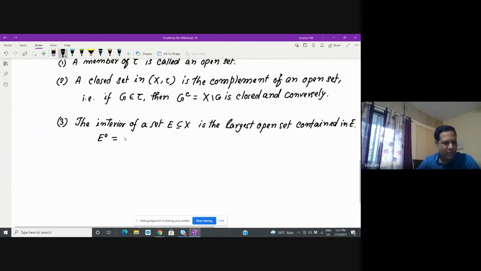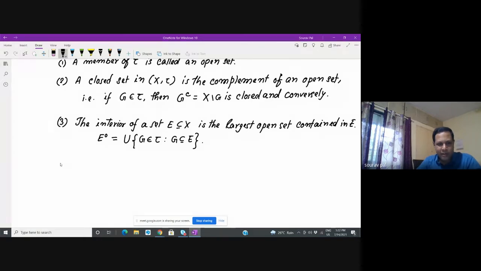This is equal to the union of all G belongs to tau, G is contained in E. So this is what is called the interior of a set, the largest open set contained in E, which is the union of all open sets contained in E. We shall define what is an interior point later, and we shall see that this interior is nothing but the collection of all interior points.